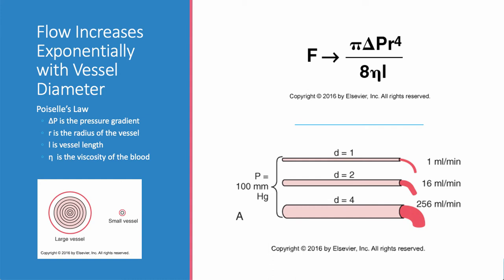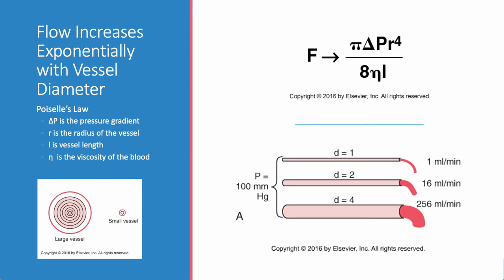So the bigger the vessel, the much more blood flow occurs. Okay? And the reason for that is this exponent. So remember, anything above the line is proportionate to, so flow is F. And as the radius of the artery increases, the flow dramatically increases because the radius is taken to the fourth power here.